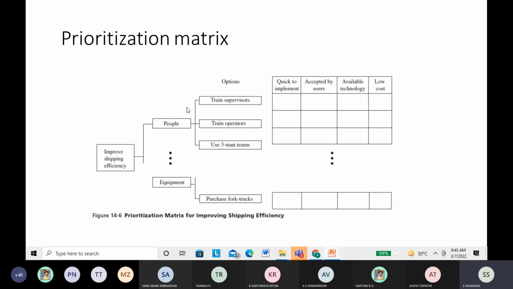So we can prioritize among the options based on these criteria. We give the weightage and then we can prioritize. Obviously quick to implement is going to be important, but I don't remember which one I prepared yesterday. Out of these four options, because we have weightage and ranking, you have a value.